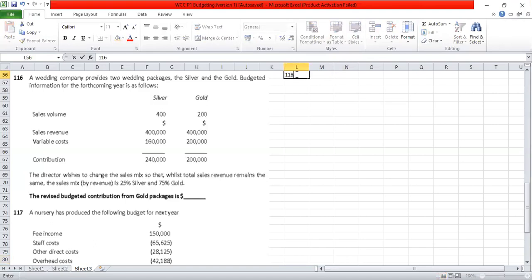116. There are two products, silver and gold. So take silver and gold. We understood the total sales revenue is 800,000 because 400,000 and 400,000. But the proportion in which these amounts would be henceforth will be 25% for silver and 75% for gold.